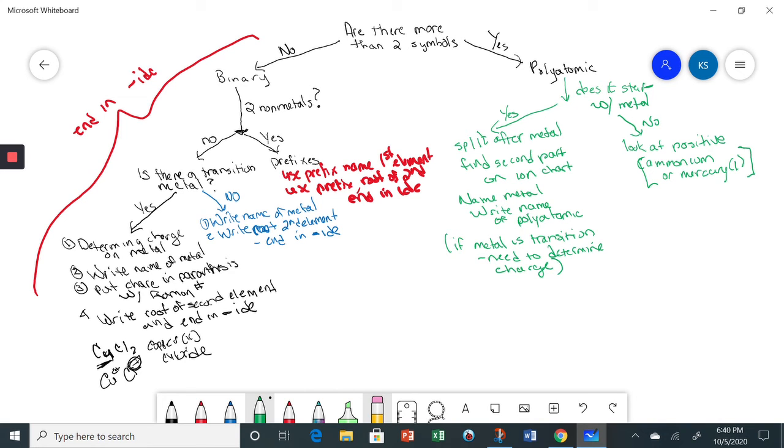So you name the ion, whichever one it is, ammonium or mercury 1, and then look at the second part. If it's an element, you'll do the root plus IDE. If it's a polyatomic ion, you write the name of the ion.